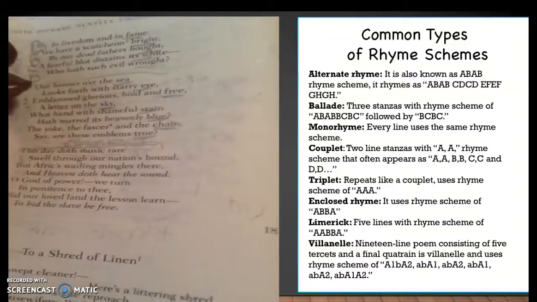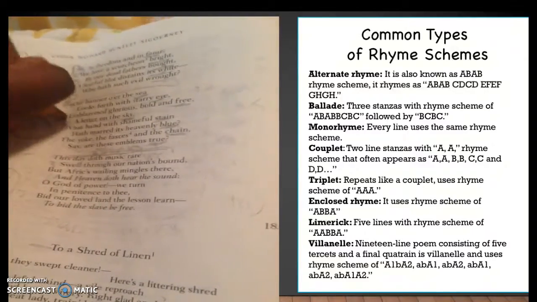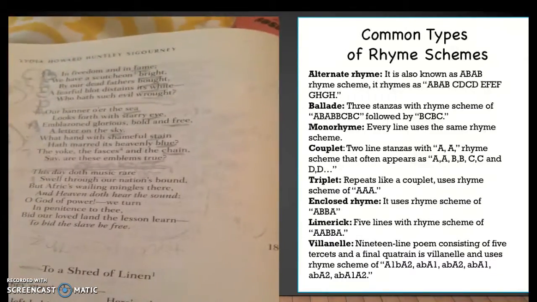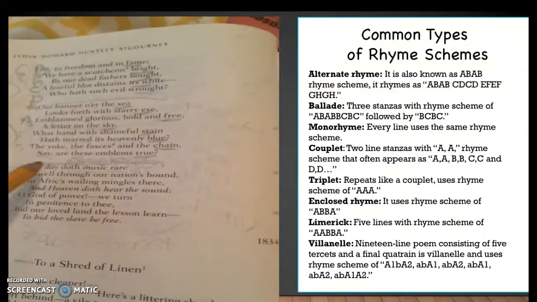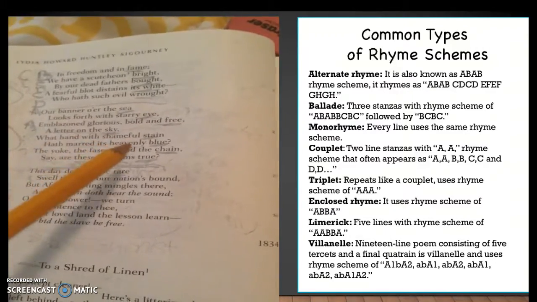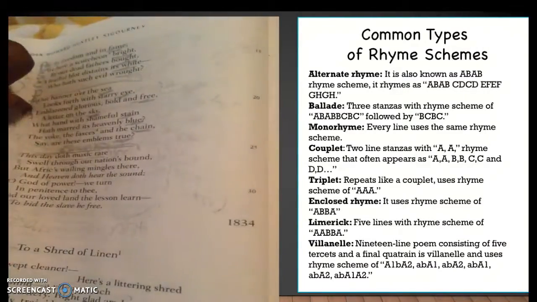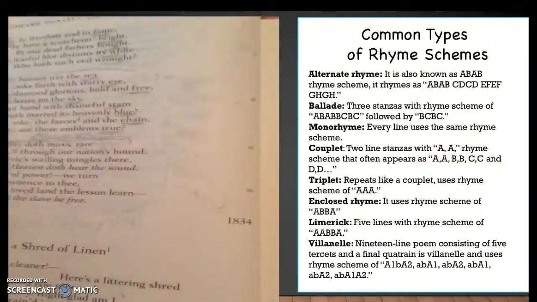Free and sea, so they're going to take on an A. Sky and eye, looks forth with starry eye, they would rhyme, and you're going to go ahead and do B's for that.